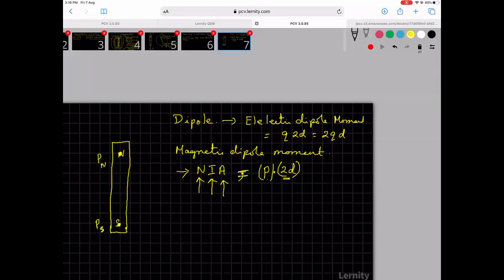The unit of magnetic moment is current into area, so ampere meter squared.